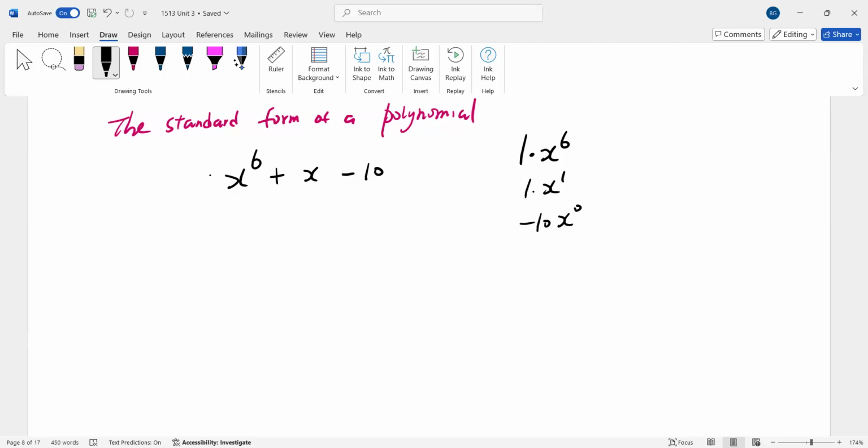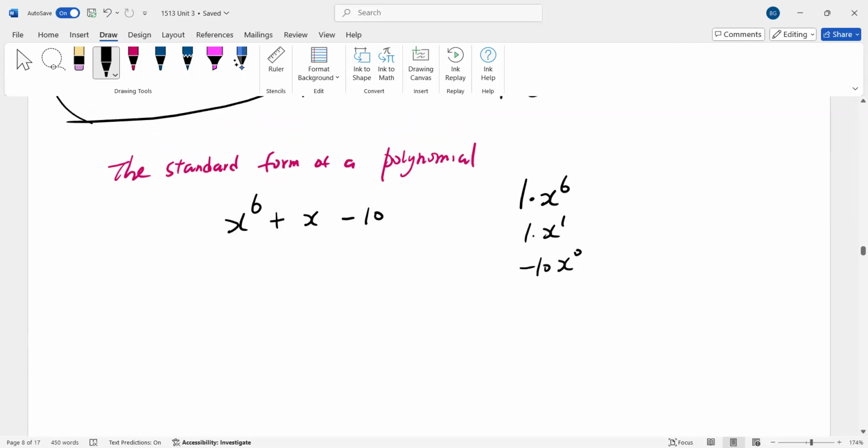But this trinomial is not in the standard form. The standard form of this trinomial should have 7 terms. Why? Because the degree of the polynomial is 6. How do we determine the degree of a polynomial?